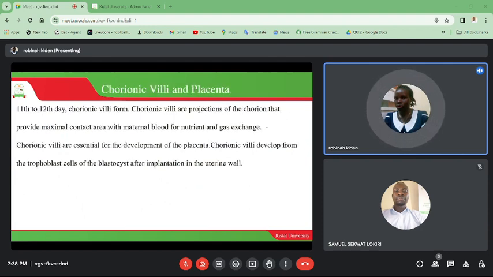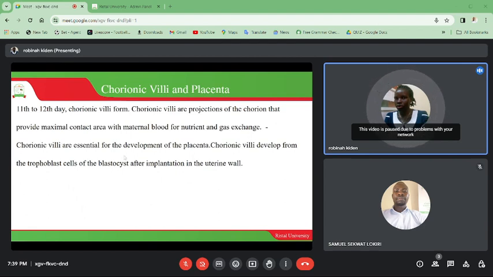So let us look at the chorionic villi and the placenta. On the 11th to 12th day, chorionic villi will be formed. Chorionic villi are the projections of the chorion that provide maximum contact area with maternal blood for nutrients and gas exchange, to make sure that the embryo is able to feed and get blood and nutrients at the same time.